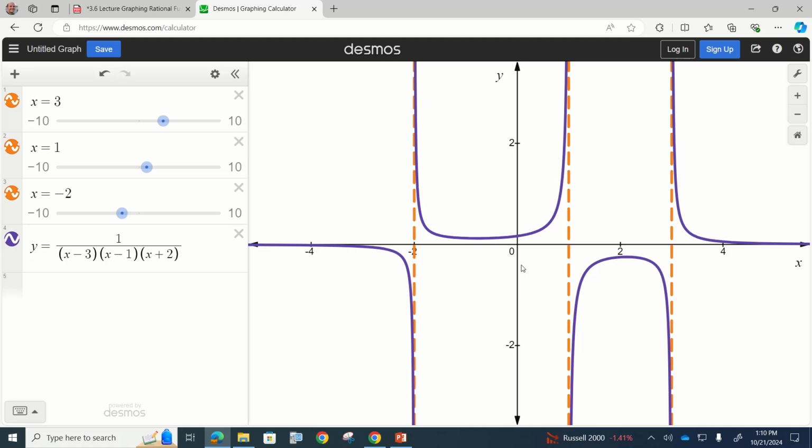And aren't the roots the ones that cross the x-axis? Great question. So in this function, y equals 1 over all of this junk, there's actually no x-intercepts. Because an x-intercept would be a place where y is equal to 0. But if you set y equal to 0, 0 equals 1 over a bunch of stuff, you don't ever get an x value that gives you a y value of 0.